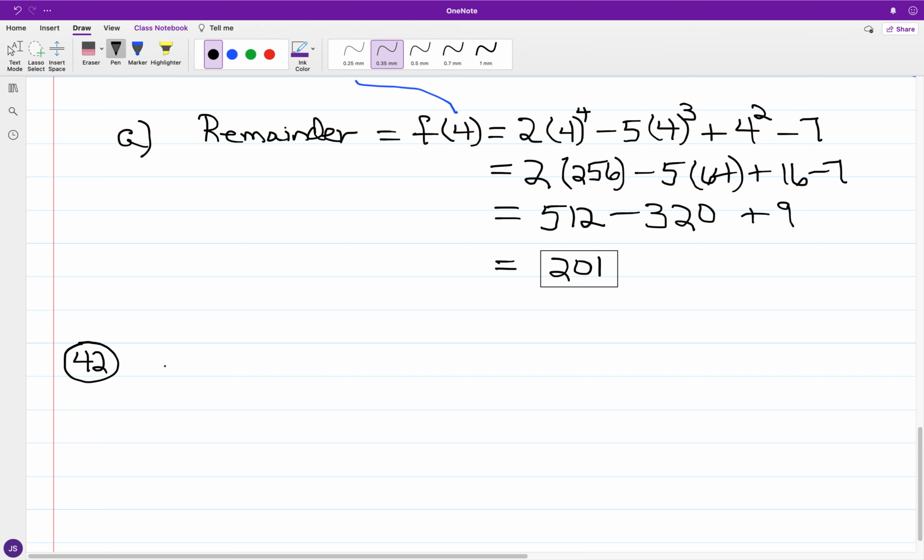And g of x we have set equal to negative 3x to the 5th plus 2x to the 4th plus 6x squared minus x plus 4. And this polynomial is divided by x minus 2.